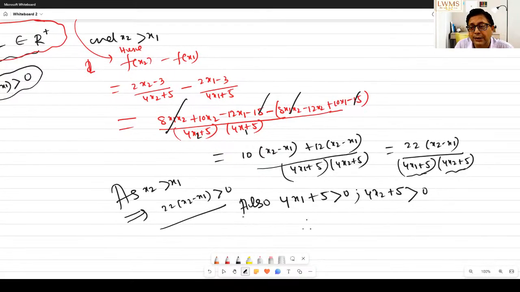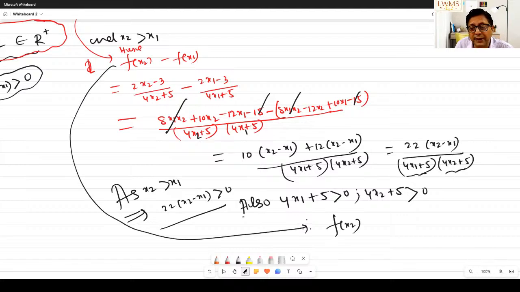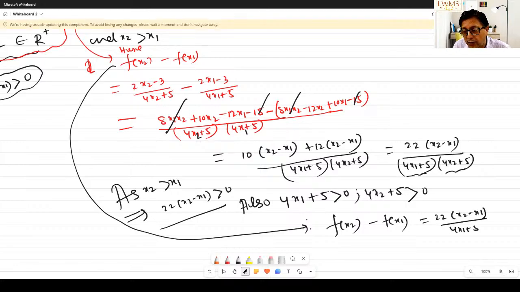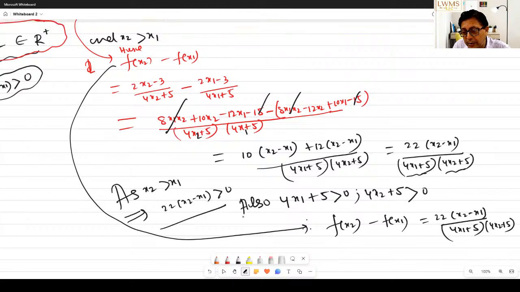Therefore, the result you got here, this one, f(x2) minus f(x1) is 22 into (x2 minus x1) by (4x1 plus 5)(4x2 plus 5), this is greater than 0.